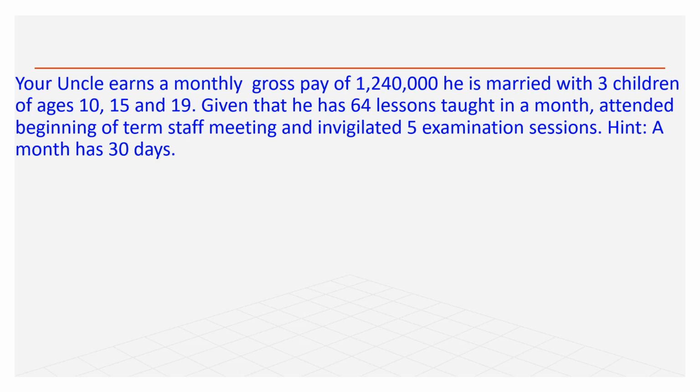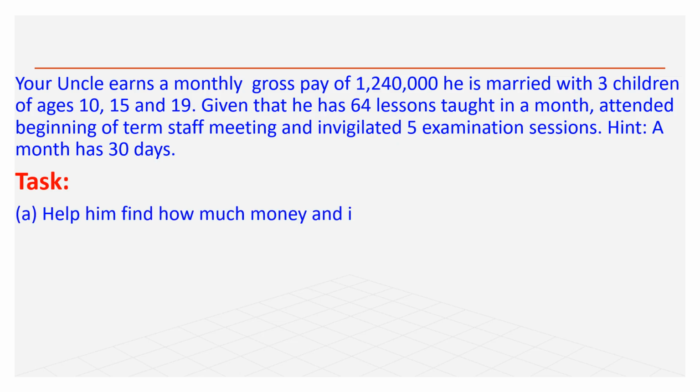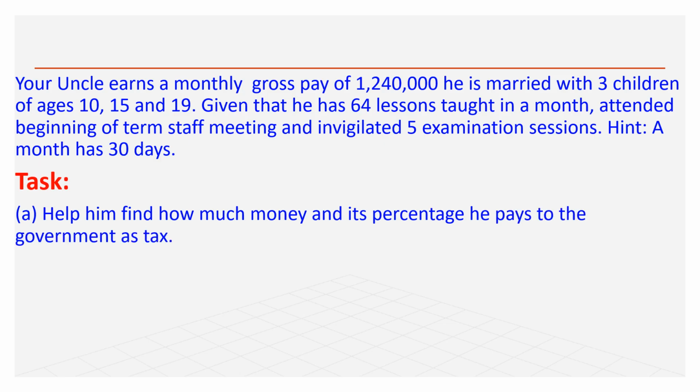Hint, a month has 30 days. This is very crucial, the 30 days. Task: help him find how much money and what percentage he pays to the government as tax.